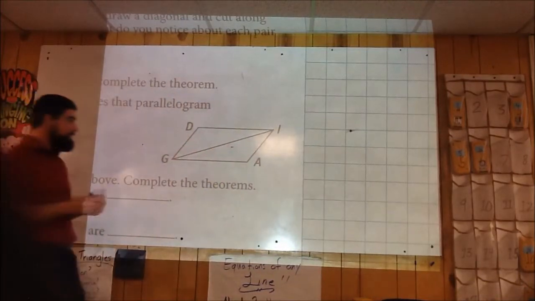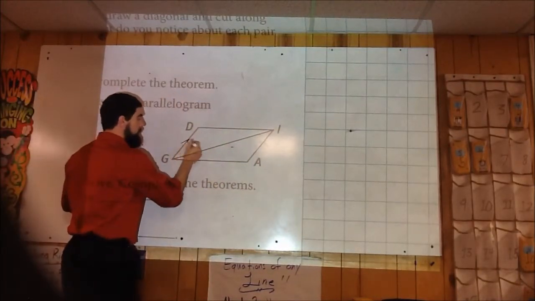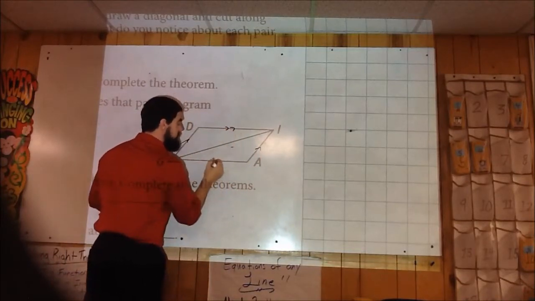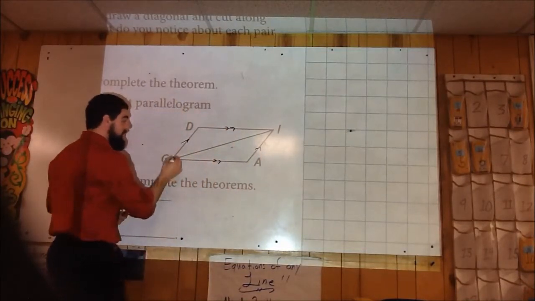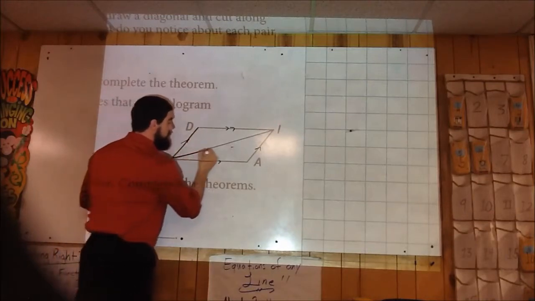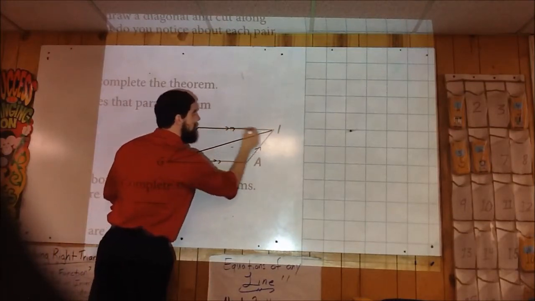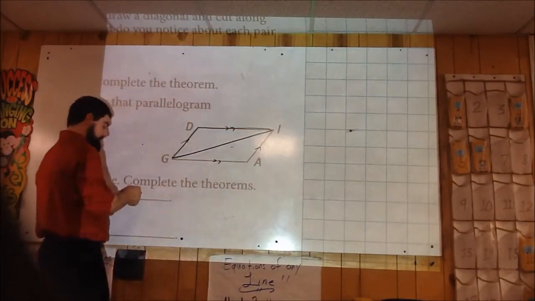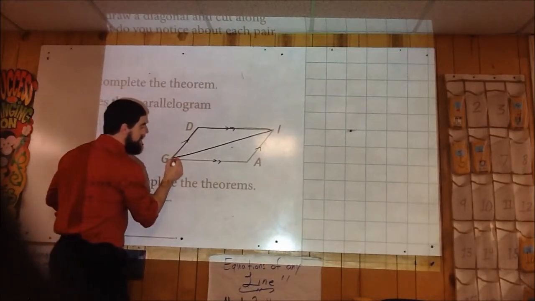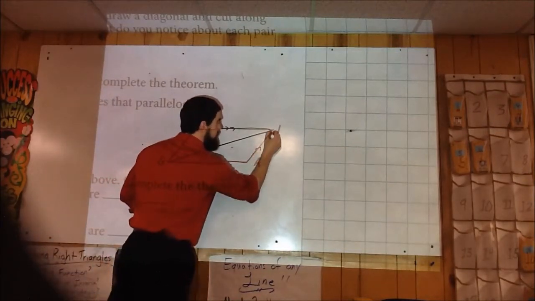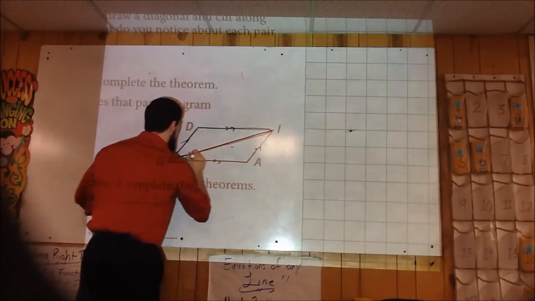So we knew that that was parallel to that, and this was parallel to that. Now that I have shown that these triangles are congruent, yes, we found those alternate interior angles, and that was wonderful. And yes, they shared that segment.